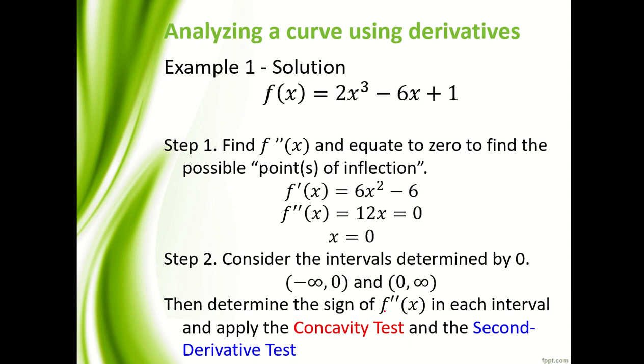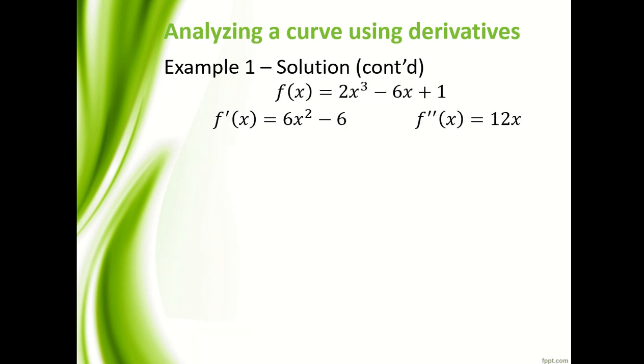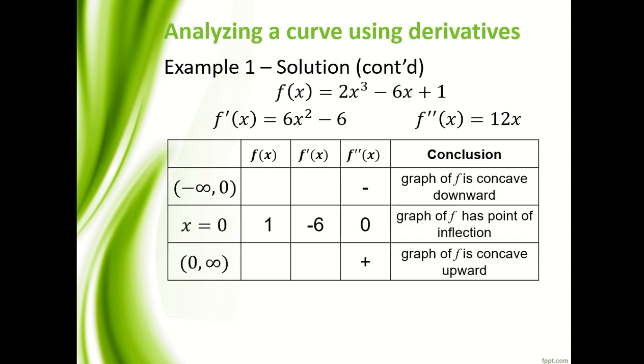Then determine the sign of f double prime of x in each interval and apply the concavity test and the second derivative test. Now we can summarize it in this table. We have the interval negative infinity to 0, the interval 0 to infinity, then x equal to 0. For this interval, the second derivative is 12x.